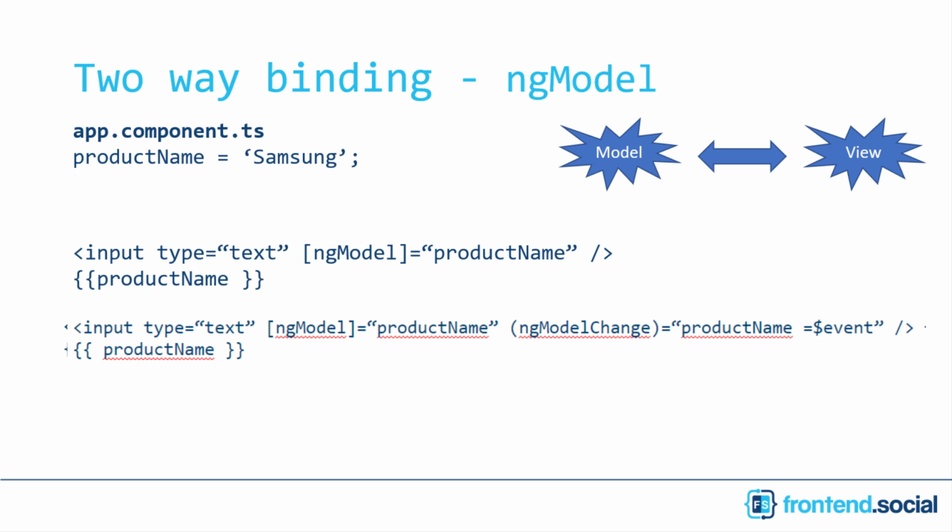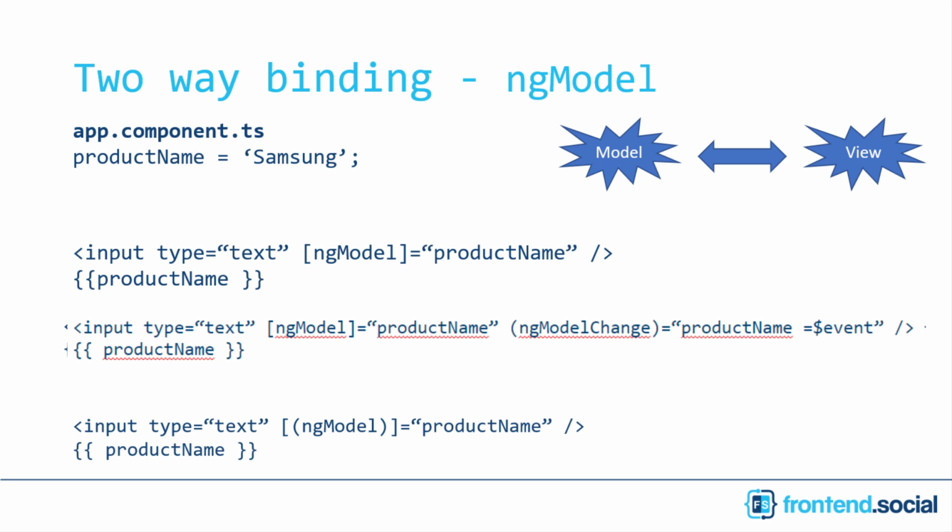Awesome. But don't you think this is too much code? For that, Angular has provided further options, and now you can just write the ngModel directive in a format called banana in the box, which means the property will be wrapped with parentheses first and then square brackets, which says that it is two-way binding.